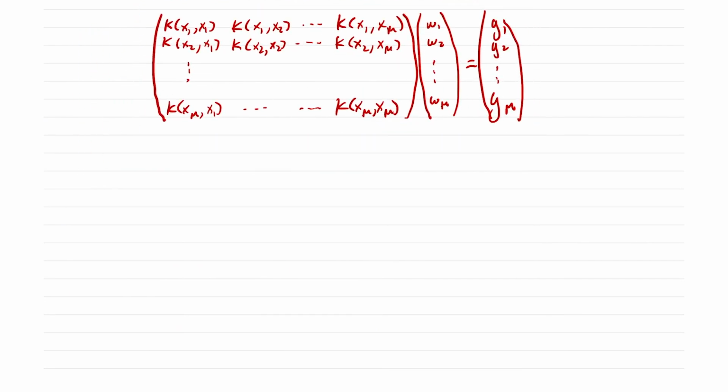If we call this G times the w vector equals the y vector, then the w vector is equal to the inverse of G hitting against y.